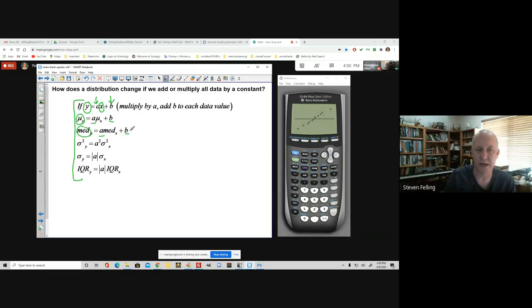We'll multiply by A and add B, but the variance, the standard deviation, and the IQR will only be affected by the multiplication. The adding will have no effect, okay? So really complicated way to say that multiply affects everything, adding and subtracting only affects individual data values and centers, but leaves spreads like IQR and standard deviation unchanged.